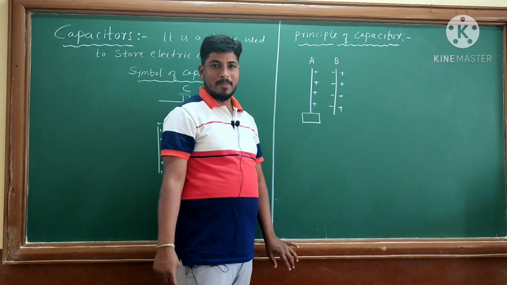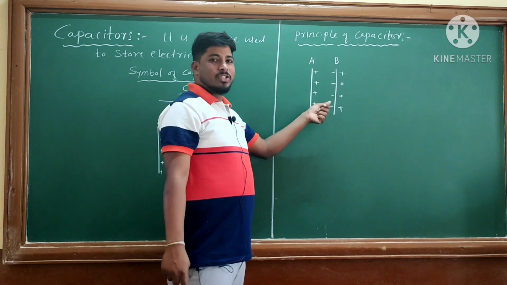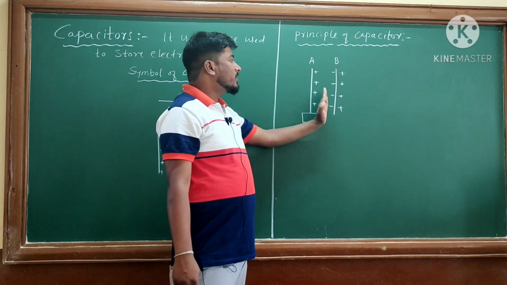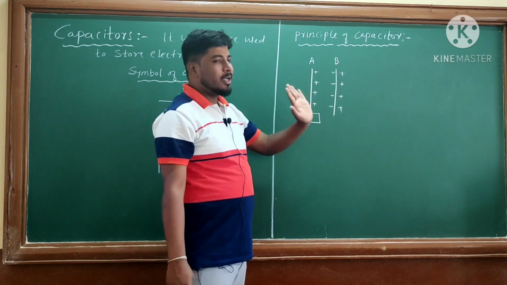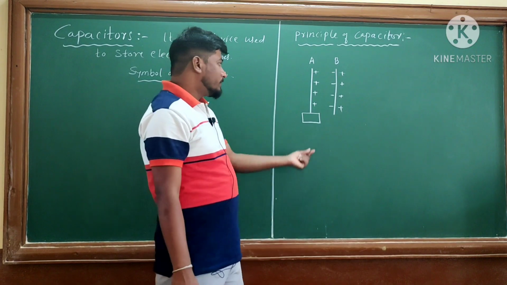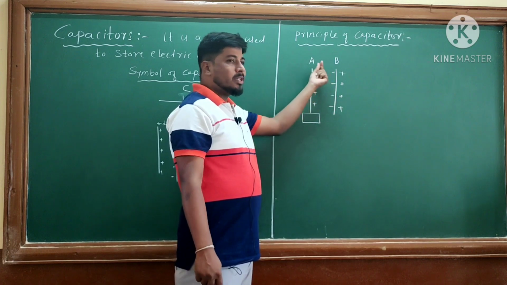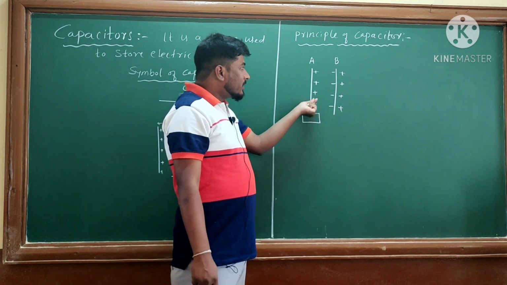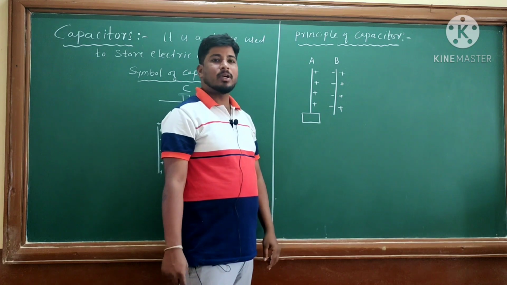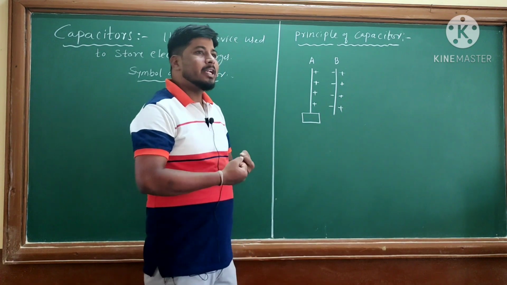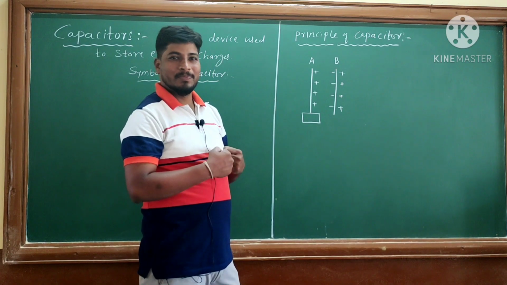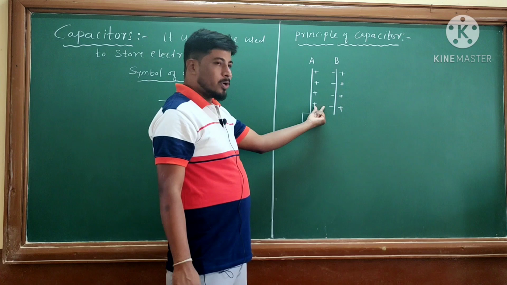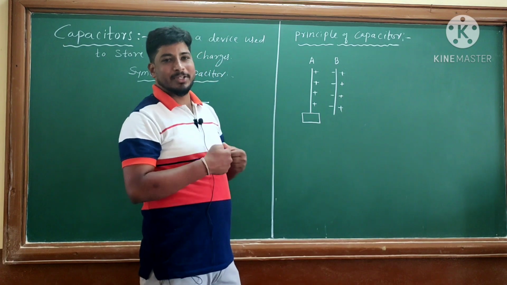So due to induction, a negative charge is induced on one face of B and the opposite kind of charge is produced on the other surface of B. These induced negative charges attract the positive charges of conductor A, and they try to decrease the potential of A. Because negative charges are close to the positive charges, there must be a force of attraction.